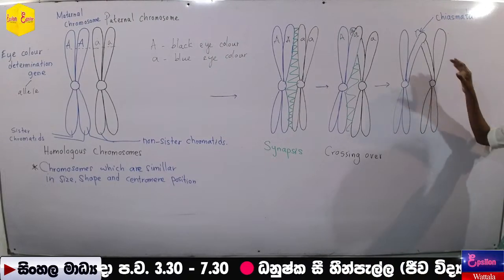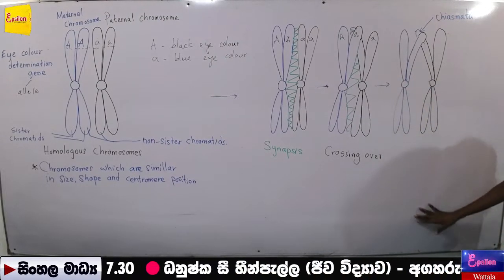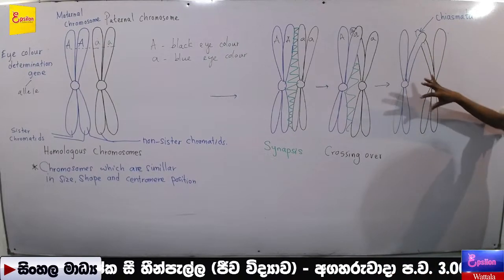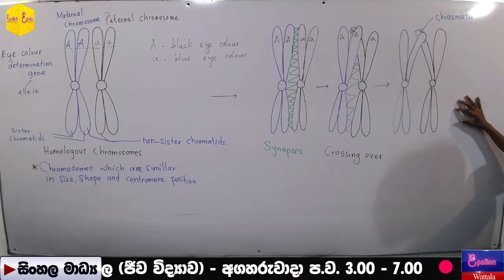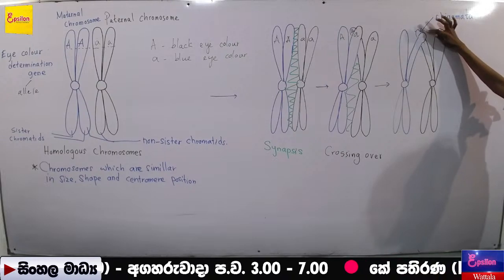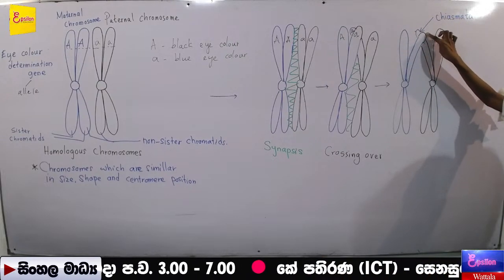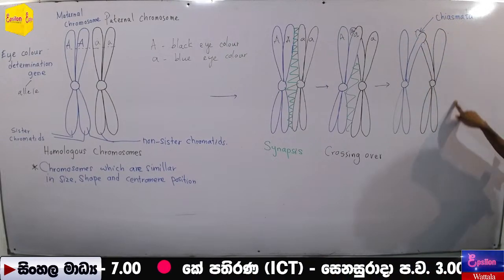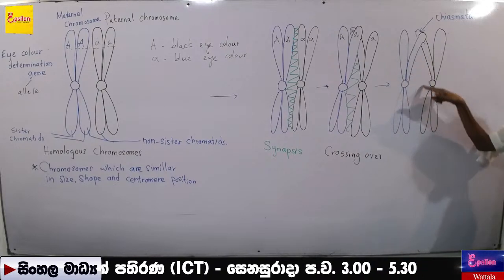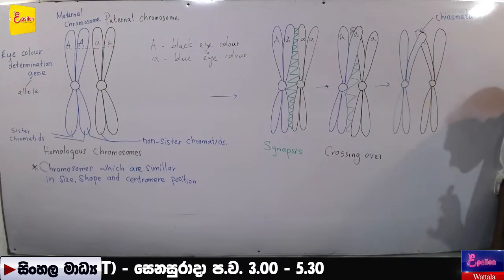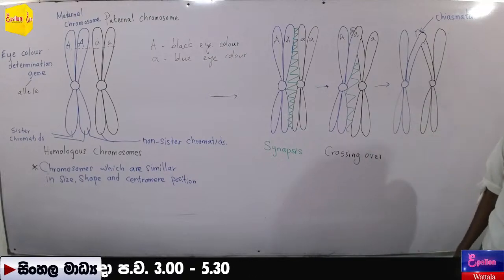And here now the synaptonemal complex disassembles, and the chromosomes are a bit apart from each other, and the points of crossing over are still there. They are called chiasmata. There may be one, two, or a few chiasmata over the entire length of the chromosomes.